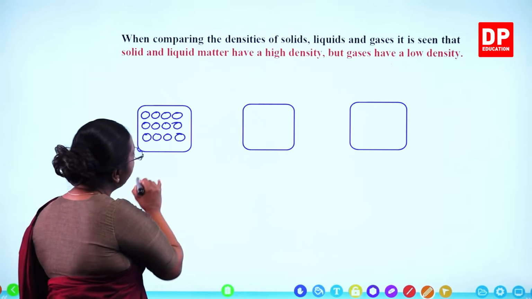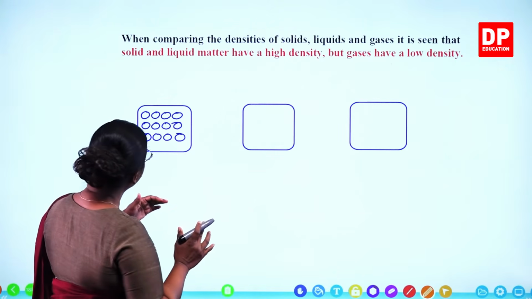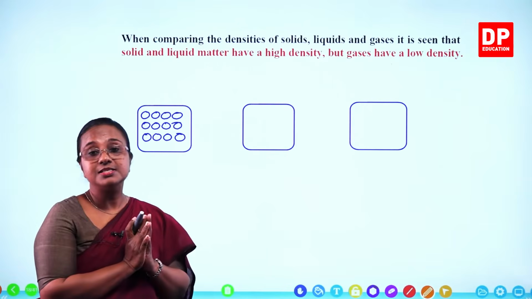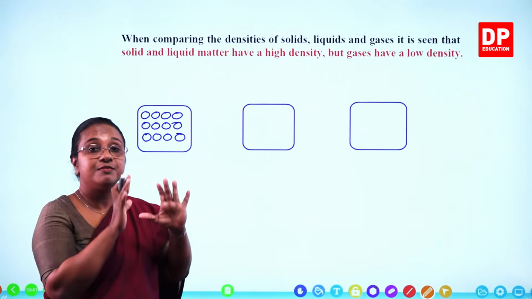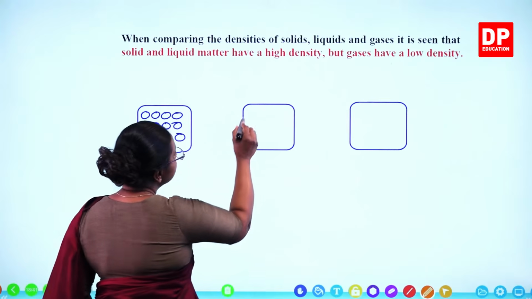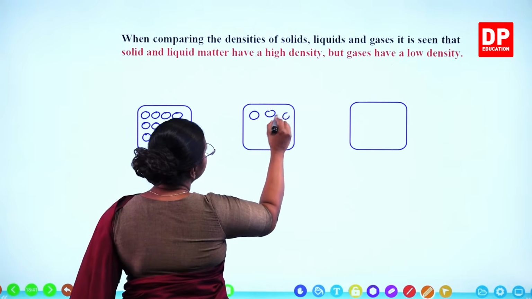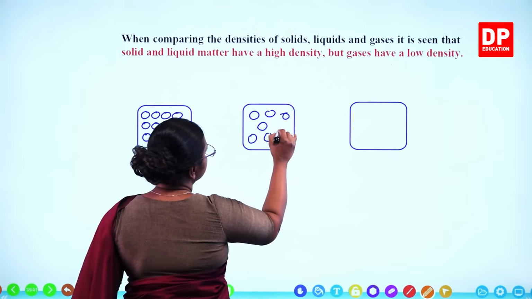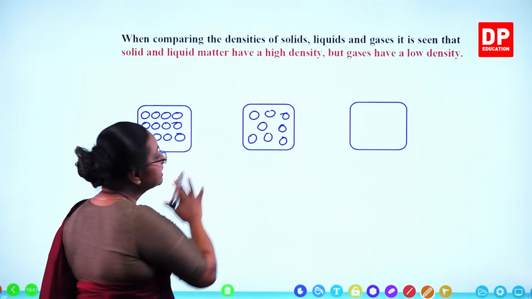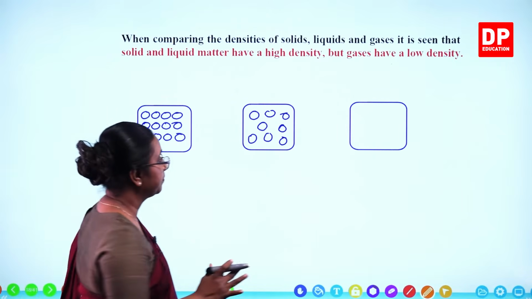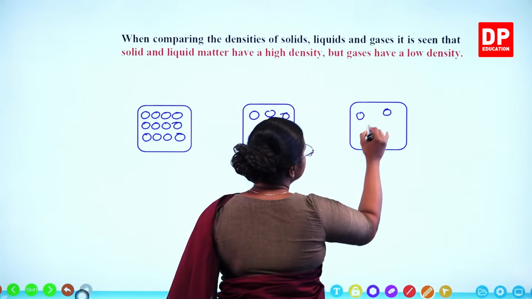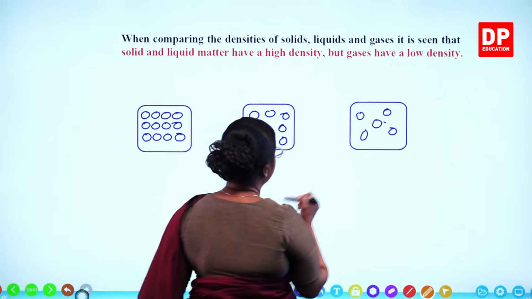Because they are orderly arranged, you can accommodate more particles into a fixed space. Whereas in liquids, they are somewhat randomly arranged, so you can accommodate fewer particles there. In gases, they are very randomly arranged.